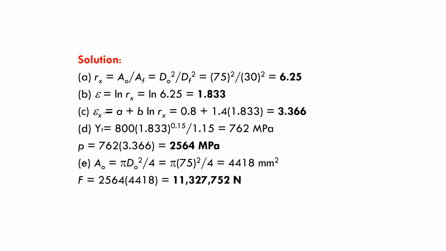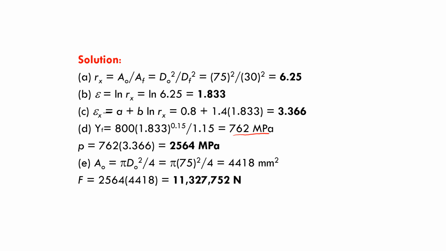Now for D, you have to calculate the pressure. The pressure is Yf times epsilon x. Remember the equation for the pressure. So you have to calculate Yf first. In here, Yf is calculated by using this equation: 800 times 1.833 to the power of 0.15, over 1.15.